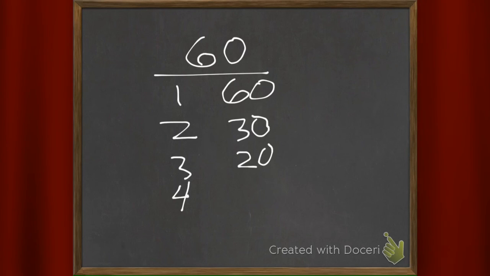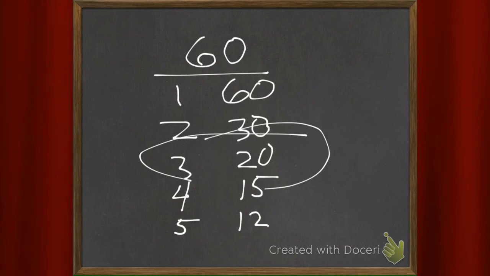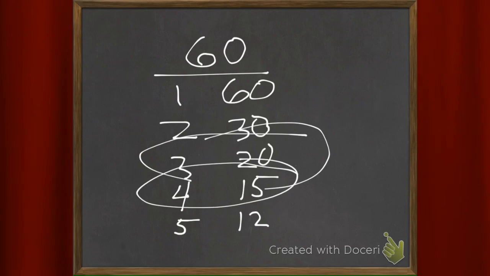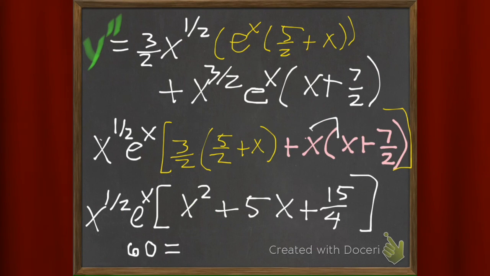Does 4 go into it? 4 and 15. Does that add to be 20? Ooh, it had to be 19. It's close, though. 5 and... Oh! Now, see, now we can stop because these were 20. We were over it. Or that was 23. We were over it. That was 19. We were under it. And I'm over it.